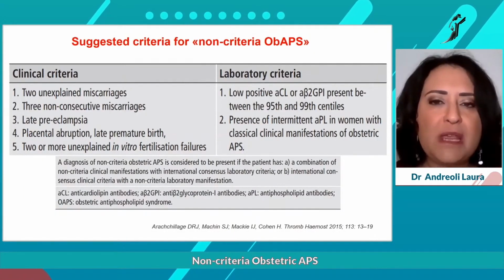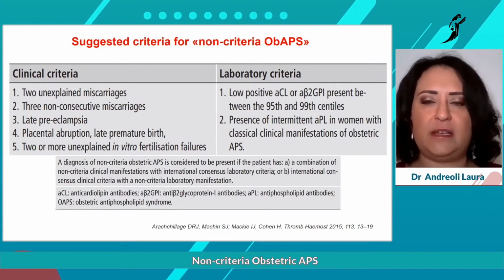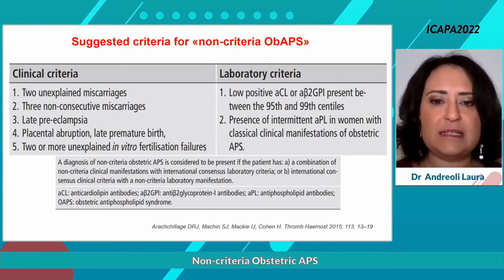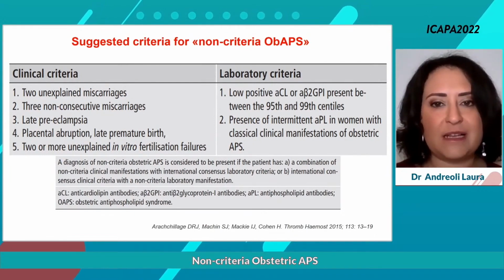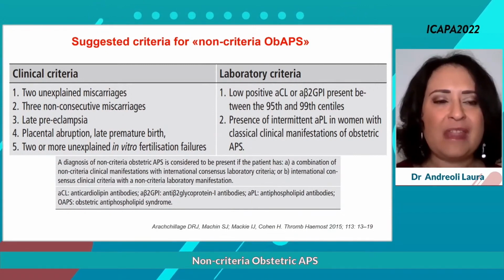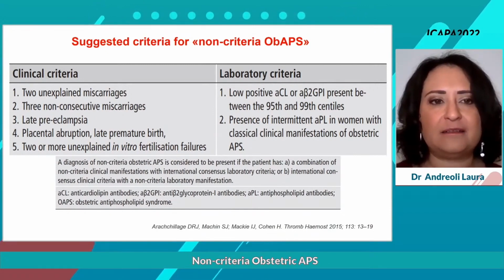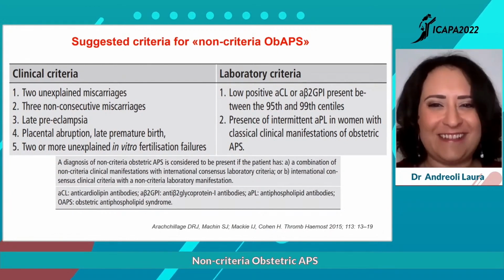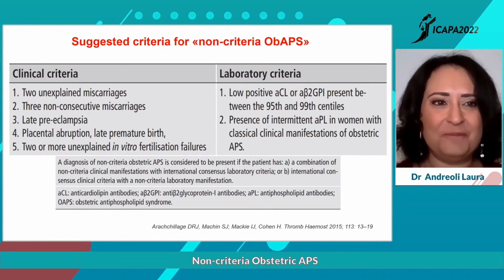So what do we mean by non-criteria obstetric APS? There is this suggestion made a few years ago by the group of Hannah Cohen in London, and there are both clinical and laboratory criteria, like, of course, the criteria that we know very well.